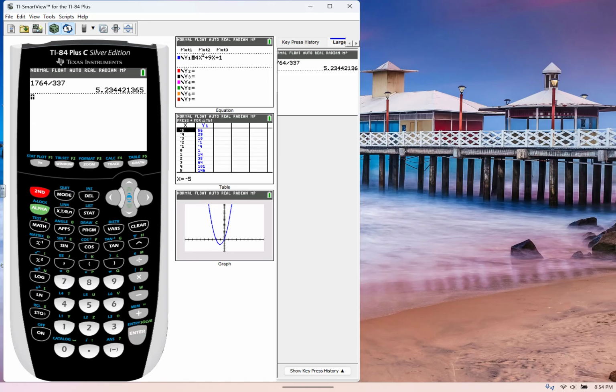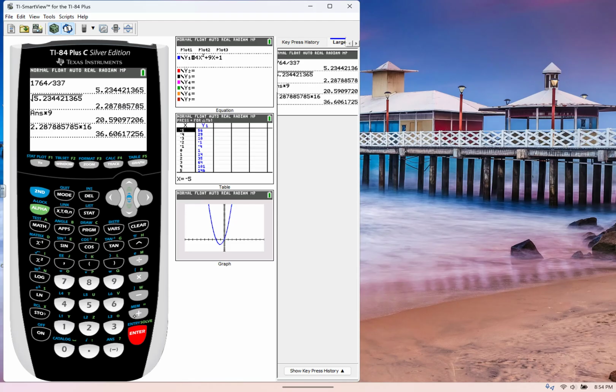So I do second square root, and then I can arrow up and grab that value and push enter. I get that big number, and so then I can say times that number by 9. That's my first answer, 20.59. I can also arrow up and grab that number and times it by 16 for the other side. So my two sides would be 20.59 as well as 36.6.